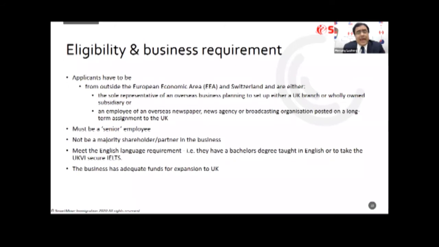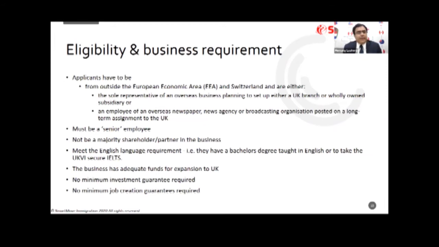We've had companies who were shown as little as £100,000, which translates to about 85 to 90 lakh rupees, and they're just showing the money. There's no commitment that the business is making that we will invest this money, but they're showing that we have these funds for expansion. And we worked with businesses who are prepared to put in £500,000 or £1 million as well in the UK. So it's across the spectrum.